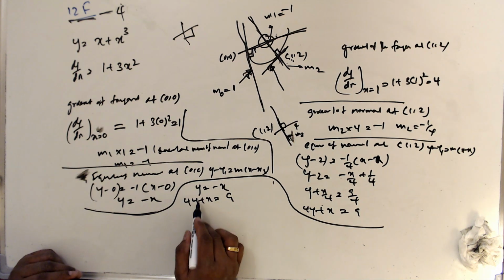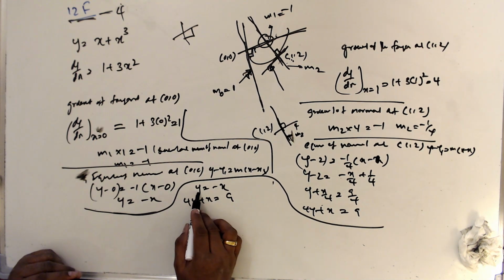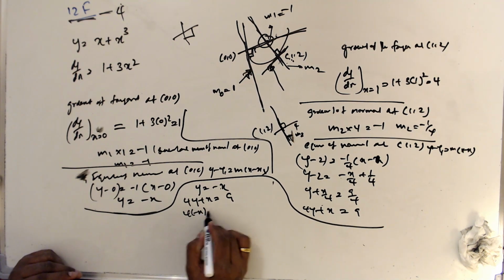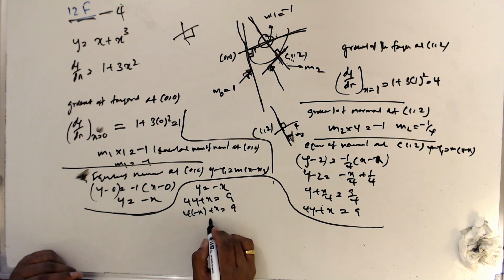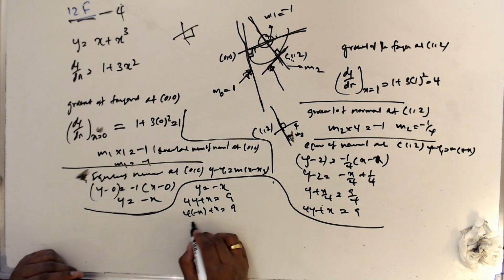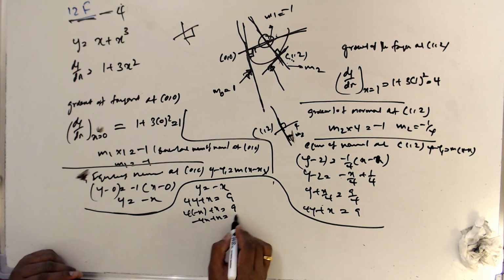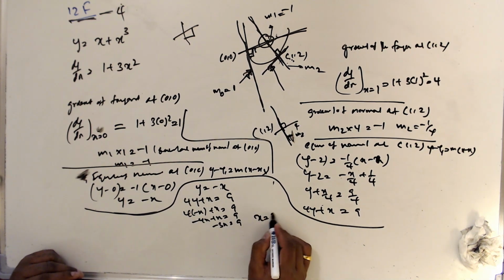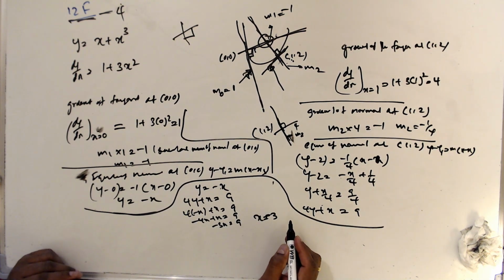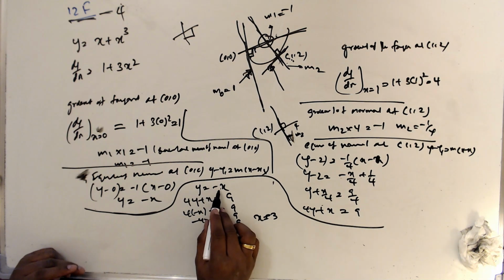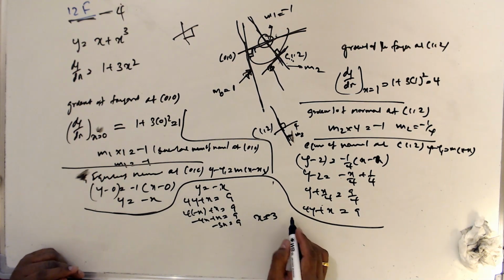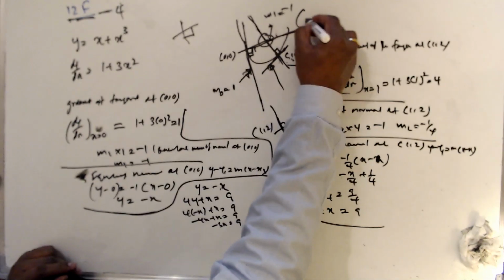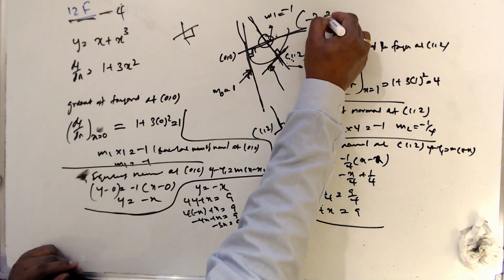Now instead of y I can write minus x. 4 times minus x plus x equal 9. So minus 4x plus x equal 9, minus 3x equal 9, x equal minus 3. When x equal minus 3, y equal 3. So this point is minus 3, 3.